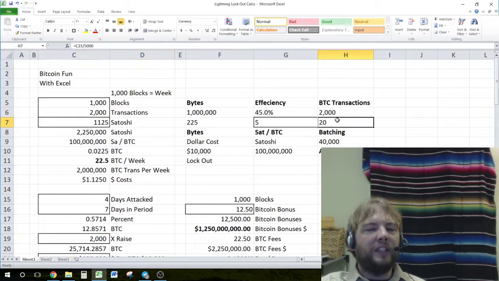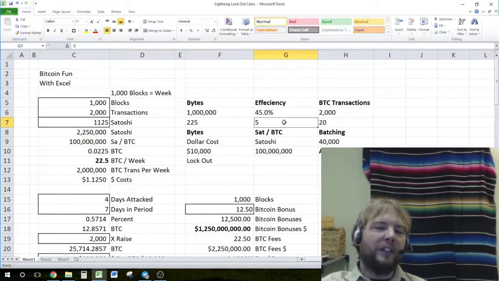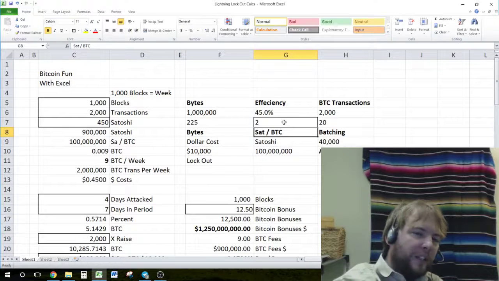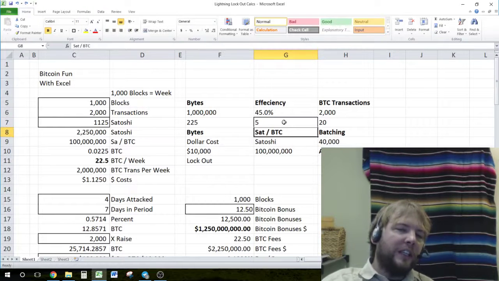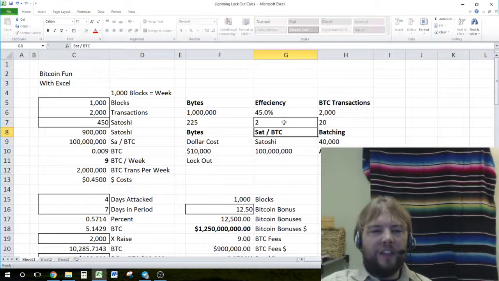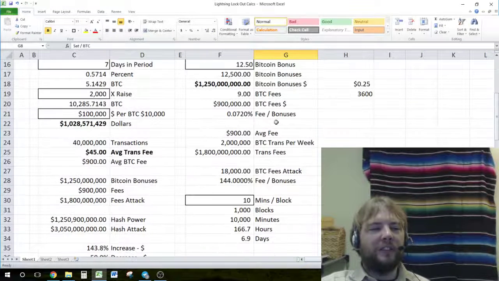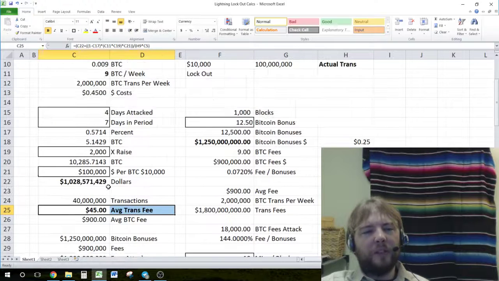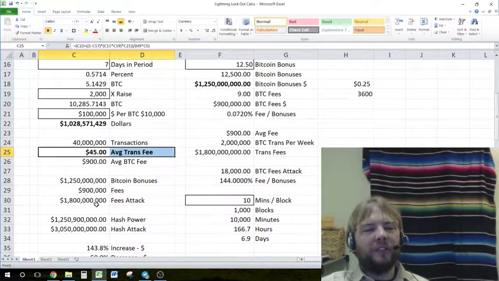And also, your batching of transactions is going to go up substantially in this type of situation, and the average satoshi per byte is going to go down. People will naturally start to batch transactions as the price goes up.